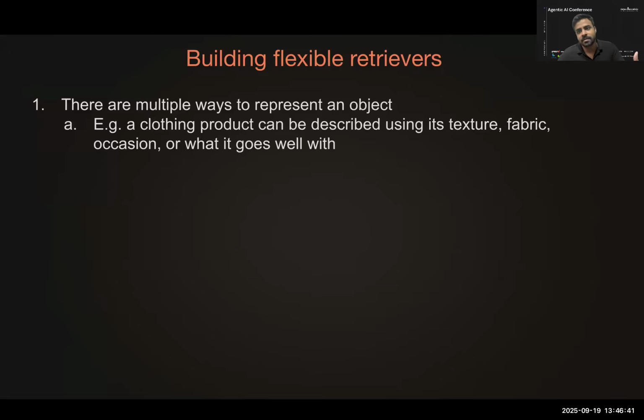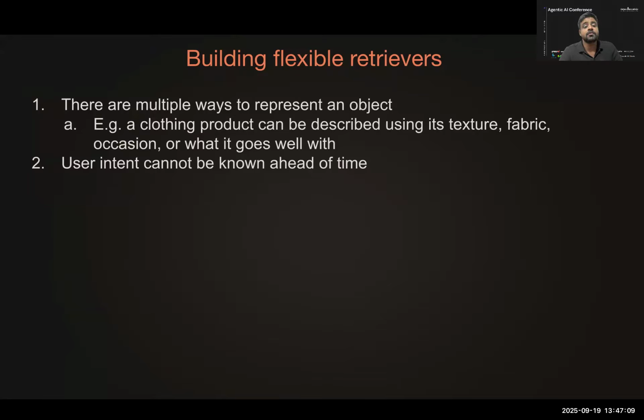So you might see, to buy ties or watches or socks or whatever, that it goes well with a particular kind of clothing item. So there are so many ways to represent that particular object. Okay, that's point one. Now, while point one is true.